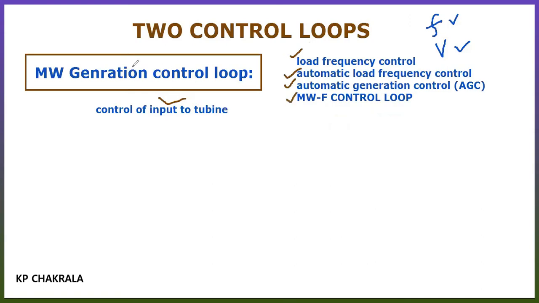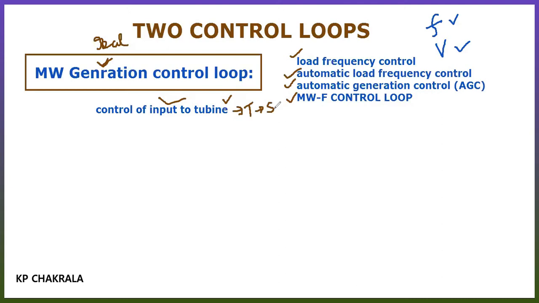Here, the ultimate aim of this control loop is to control the real power generation. Megawatt generation control means you have to control the real power generation. How can real power generation be controlled? By controlling the input to the turbine. What are the inputs to the turbine? If we consider a thermal power plant, steam is the input to the turbine.